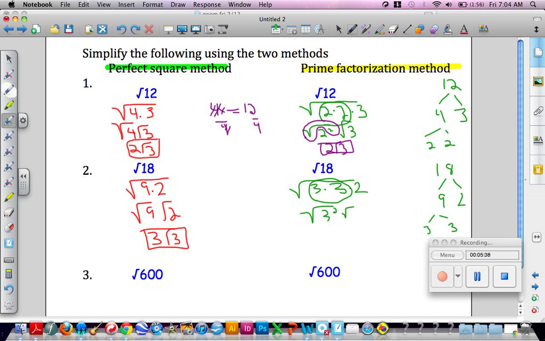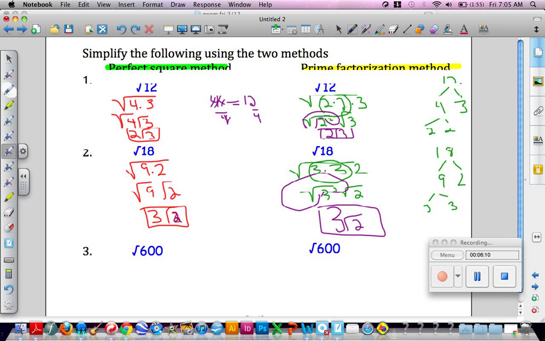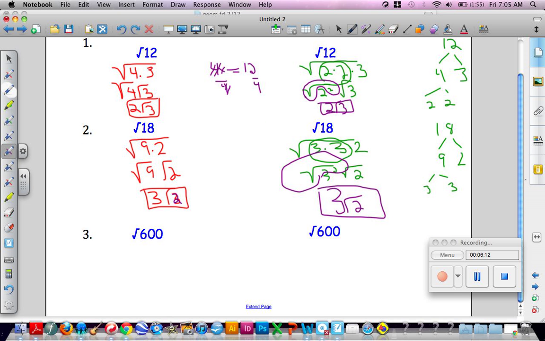And root 2. Again, square and square root are inverse operations, so they're going to cancel each other out. That's going to leave you with 3 root 2. And as I look back over here, I miswrote. This should be a 2. Three root 2 is our answer. So in some ways, it's kind of nice to do it two ways. Then you can double check your answer.